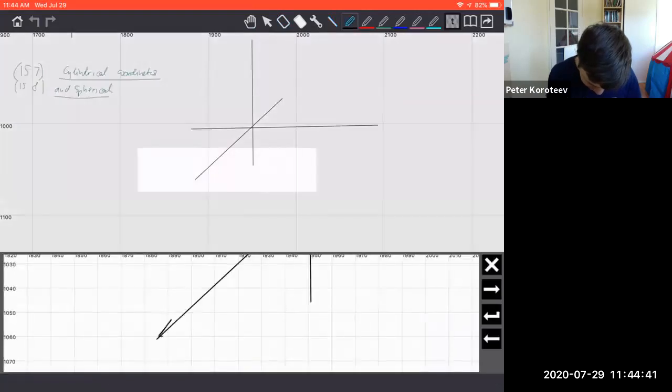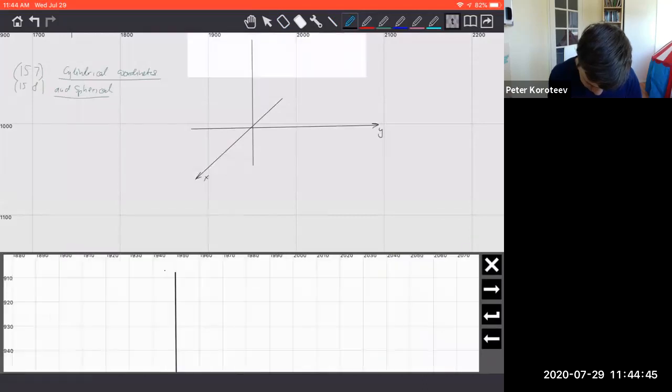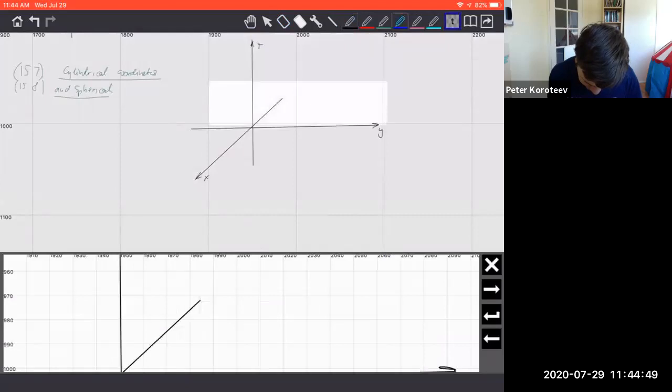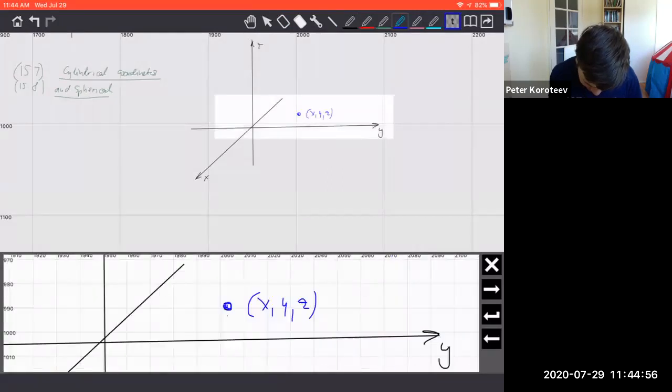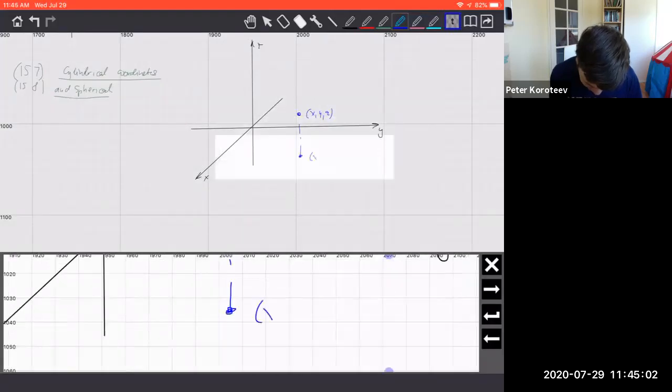Okay, so that's the Cartesian set of coordinates x, y, and z. And then say you have a point somewhere here. First you project it down onto the xy plane. At this point we have coordinates x, y, 0.